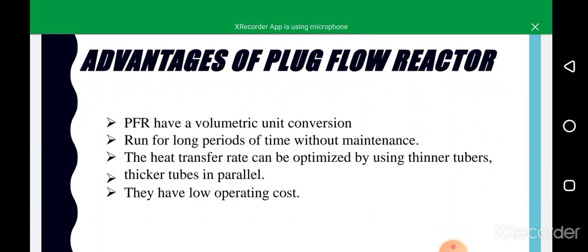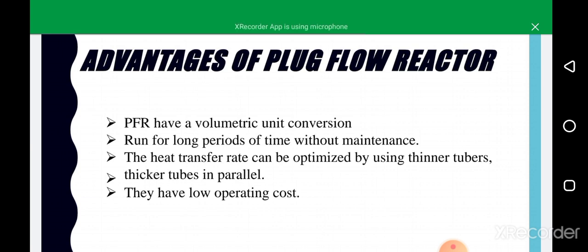And now the advantages of the plug flow reactor. Plug flow reactor has a high volumetric unit conversion. It runs for long periods of time without maintenance, and the heat transfer rate can be optimized by using thinner tubes and thicker tubes in parallel.